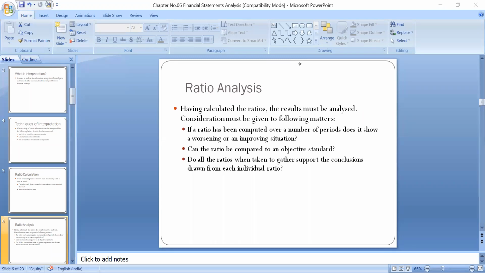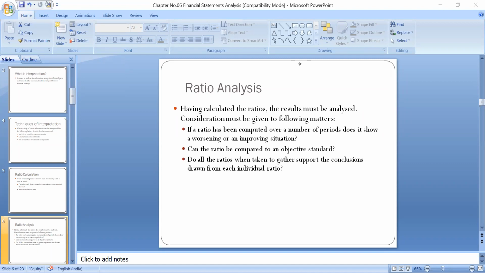This is one way to evaluate the performance of an organization, by comparing past periods.